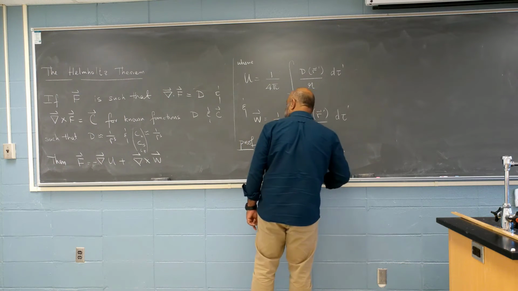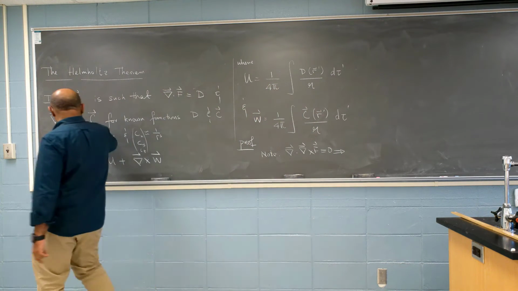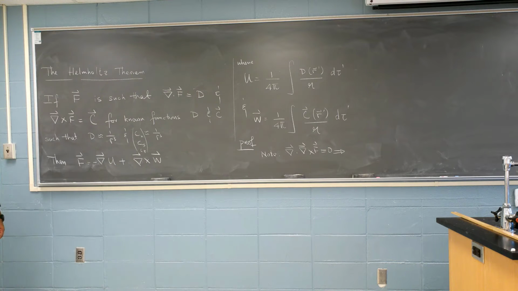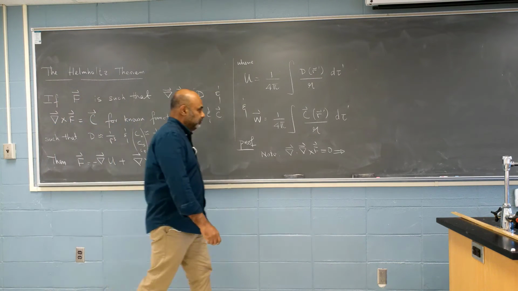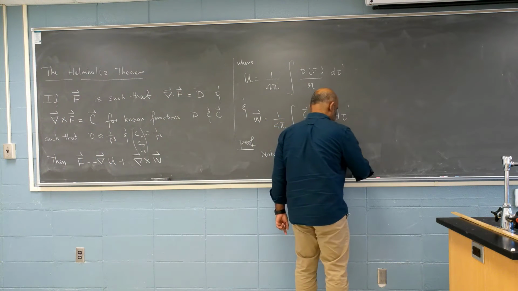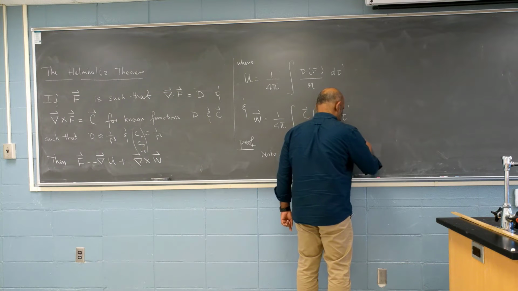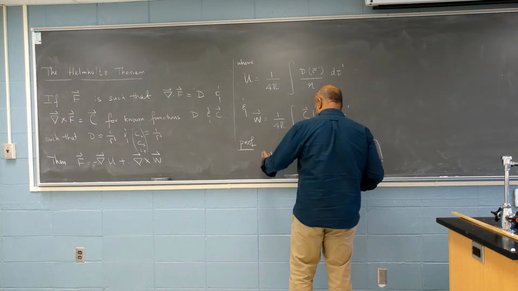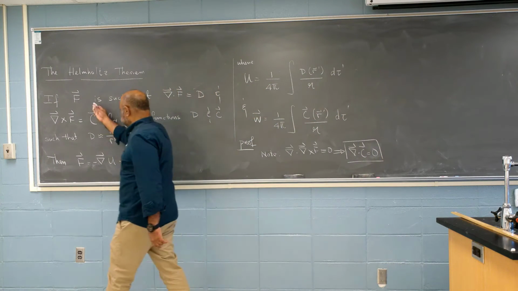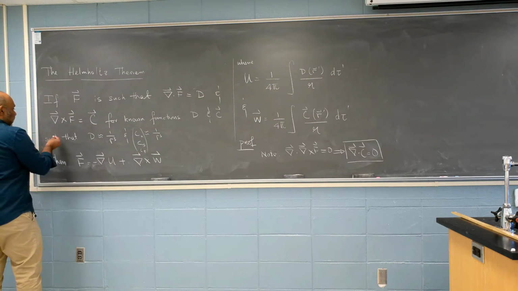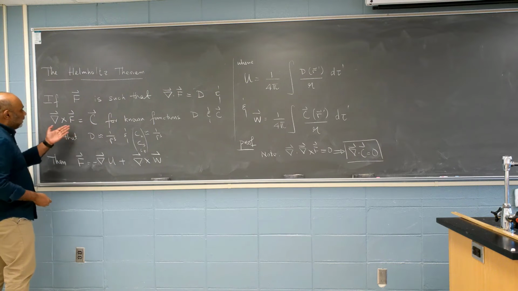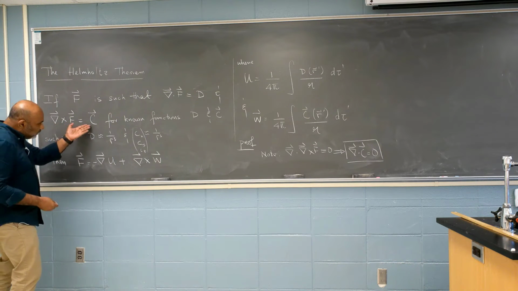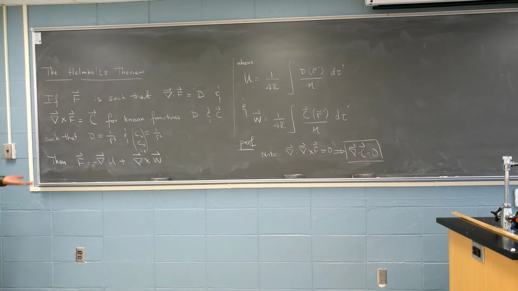That implies that C cannot be any old function. Yeah, the divergence of C must be 0. This is not another assumption, but it's implied, it's contained: if C is in fact the curl of F, then the divergence of C must be 0.